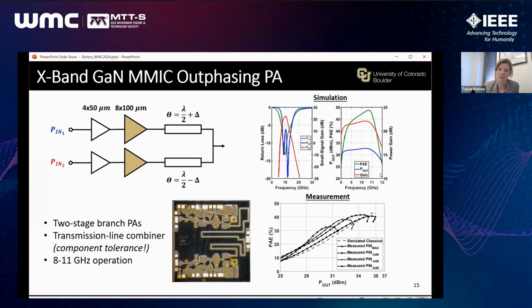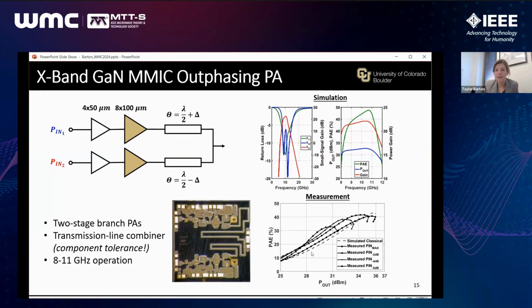This is just simulation. And then at the bottom is measurement at 10 gigahertz, where we're sweeping the relative phase of the two drives. Each of the curves is at a different input power level. So the two powers are the same, but not constant over the desired output power. More on that in a moment.